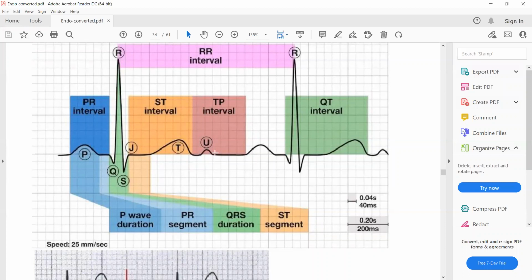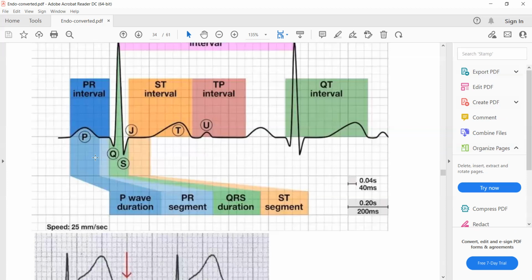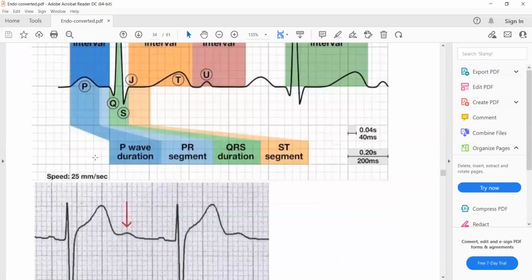It is called U wave because of this sequence, PQRSTU. So the wave present after the T wave in a patient with hypokalemia is known as U wave. It is a very specific finding for hypokalemia.